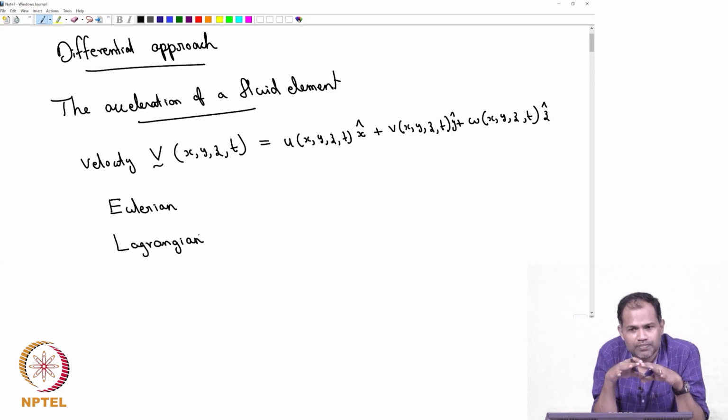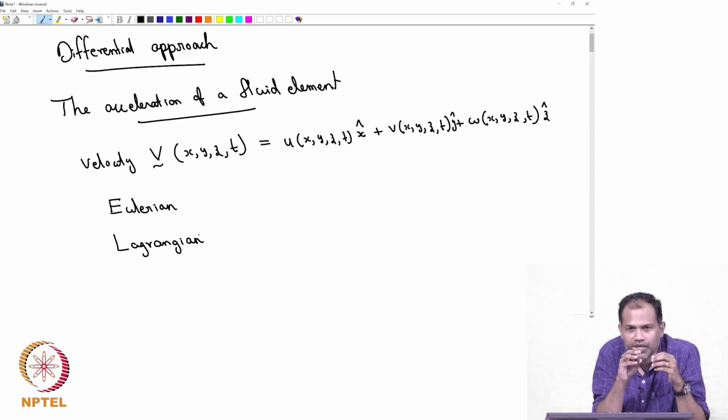Let us say you are monitoring traffic, and you are looking at various vehicles which are moving, and you are trying to find out the velocity with which different things are moving. You reach some junction, and you will stay there and look at the velocity with which each vehicle is going.